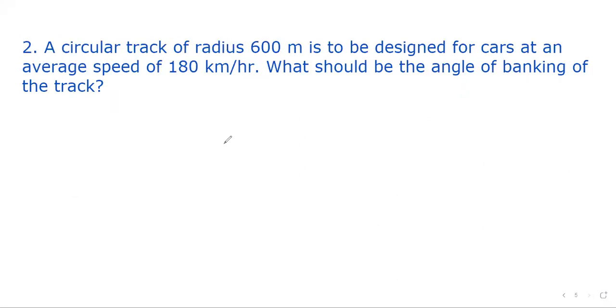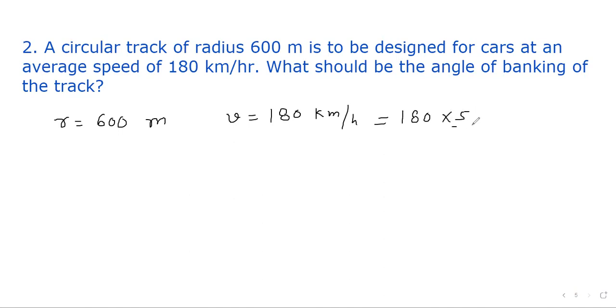Let's take the next question. A circular track of radius 600 meters, r is 600 meters, is to be designed for cars at an average speed of v given as 180 kilometer per hour, which means 180 into 5 by 18 meter per second, which will be 50 meter per second.